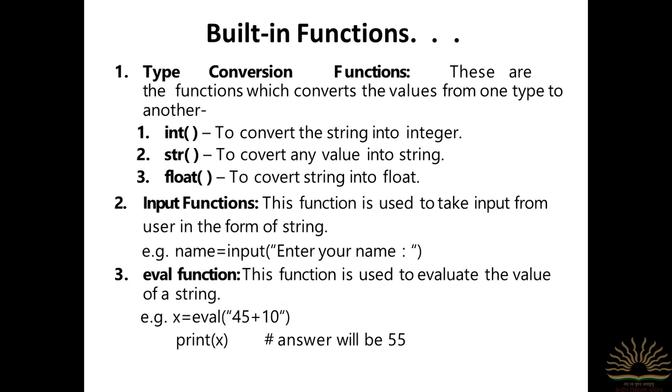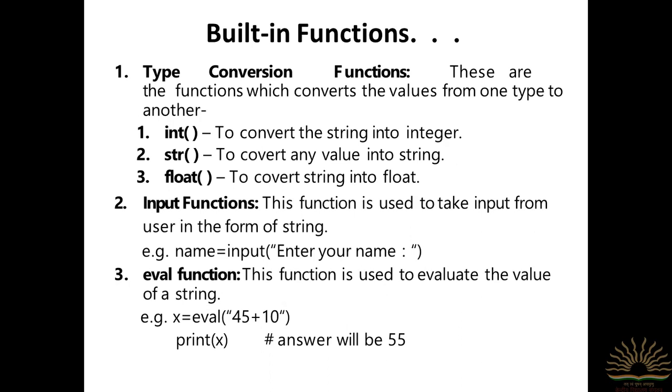After type conversion, we have the input function. For example, name = input, enter your name. Whatever value you type on your keyboard will be stored as a value in the name variable, and it will definitely be a string. There is also the eval function. It evaluates the string and converts it into an integer, and assigns the value to the variable. For example, here there is a string 45 plus 10.